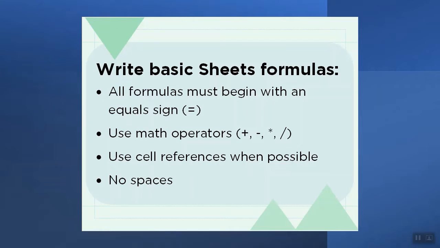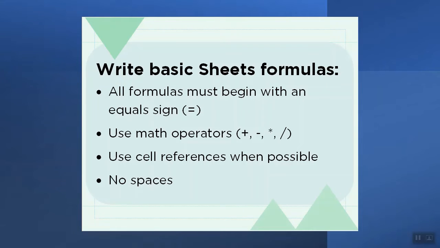The first and most important thing that you need to remember about writing formulas in Sheets is that all formulas must begin with an equal sign. If you forget, and certainly most people will at some point, what happens is Sheets will interpret whatever you've typed as text.